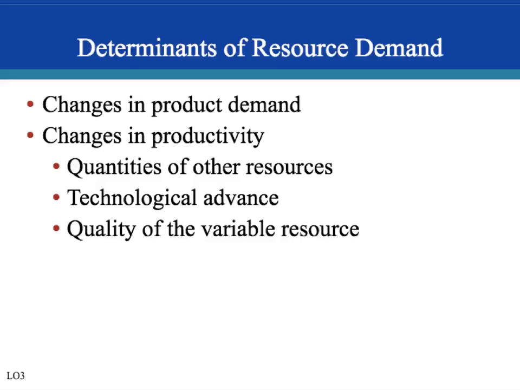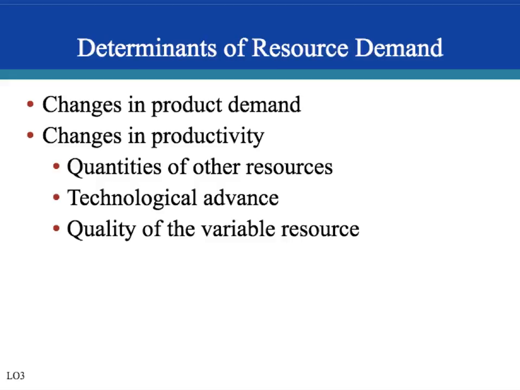So for example, if a farmer acquires more land, then that usually increases the productivity of the labor he has, and that would shift resource demand for labor to the right. Any technological advance usually increases productivity, therefore resource demand shifts to the right. It helps workers be more productive with their hours of labor supplied.